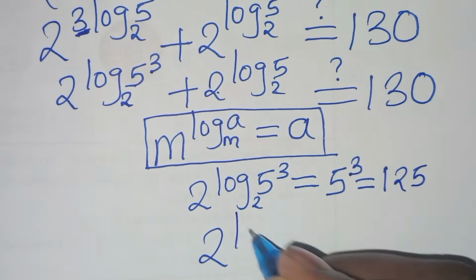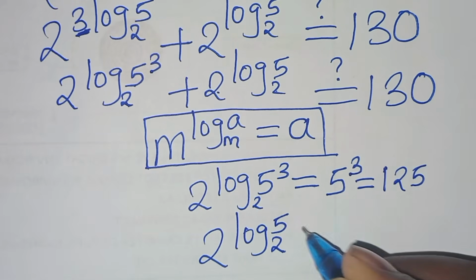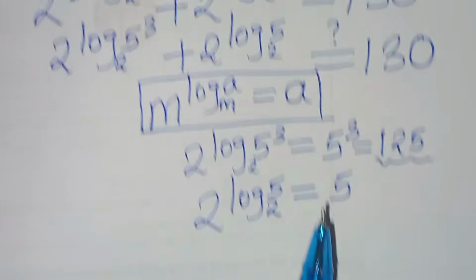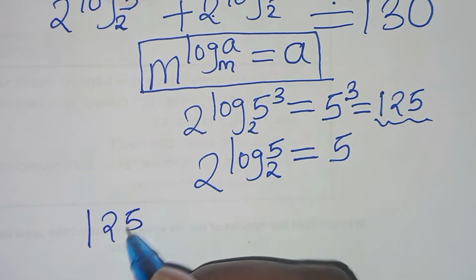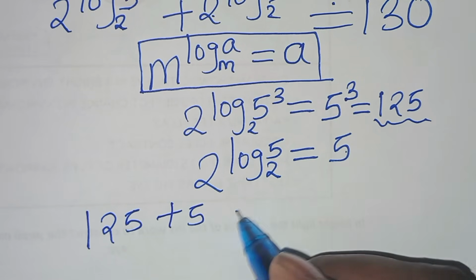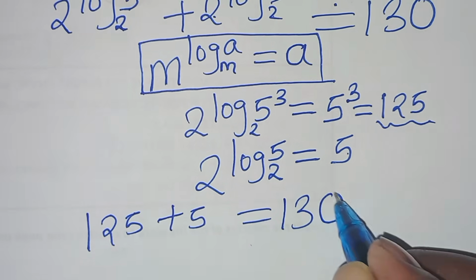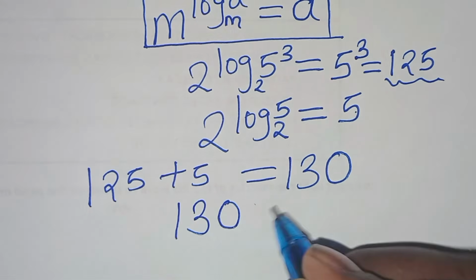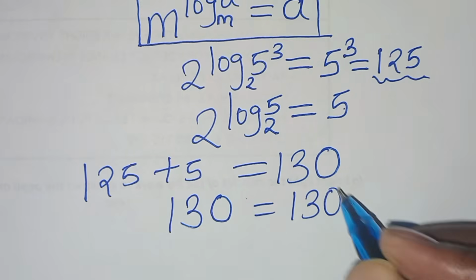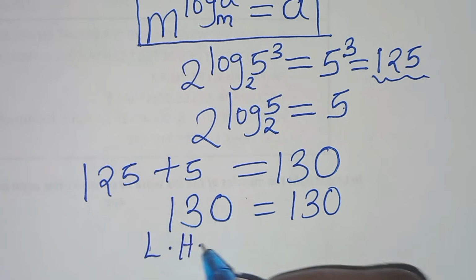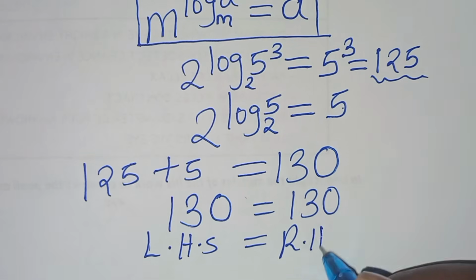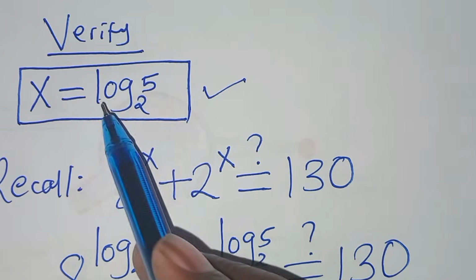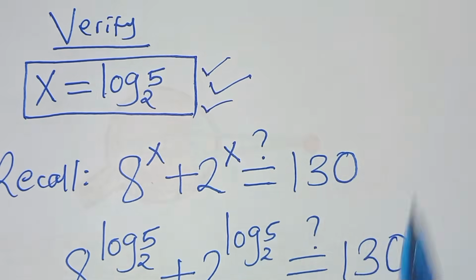And then 2 to the power log 5 to base 2 is equal to 5. So, substituting this, we'll have 125 plus 5. This should give us a value of 130. So 125 plus 5 clearly is 130, which is equal to 130. So the left hand side is equal to the right hand side, and this shows that x, which is log 5 to base 2, actually satisfies the equation.